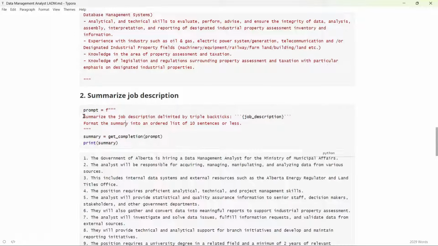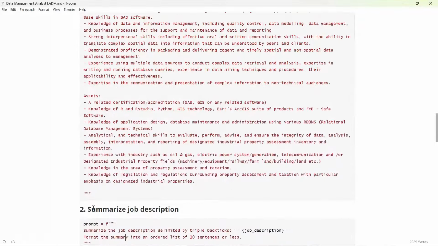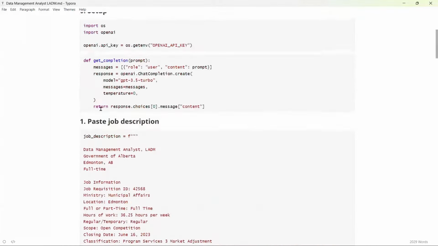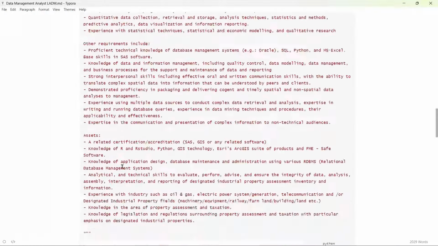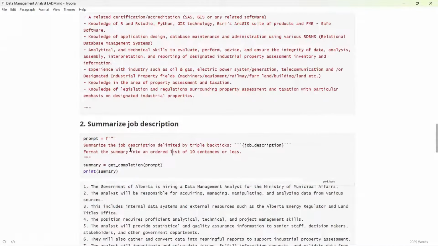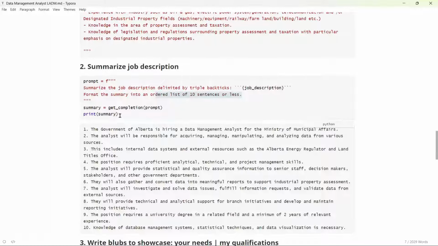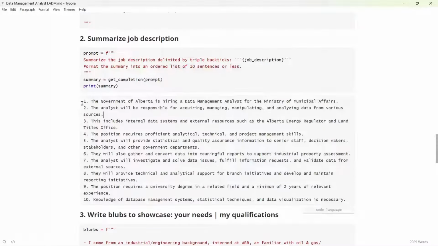So you can say, summarize the job description delimited by triple backticks, so there's no mistake about that. Then you can format the summary into an ordered list of 10 sentences or less. So you specify the format of the completion. Then this is the completion.